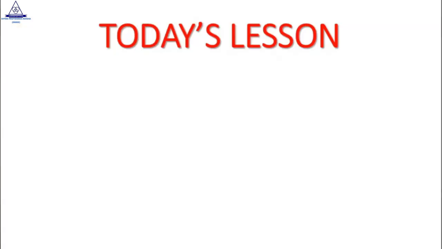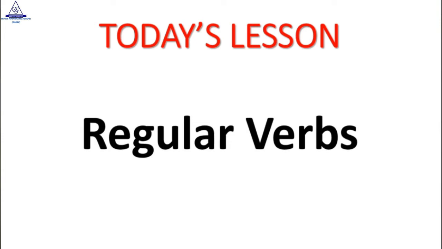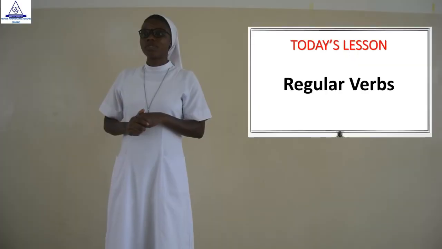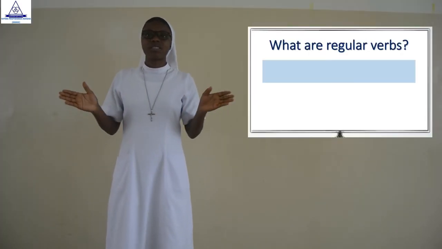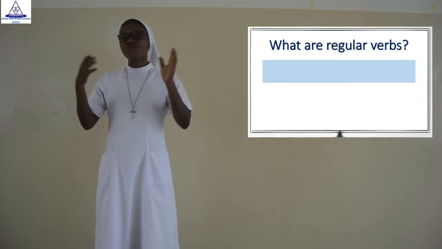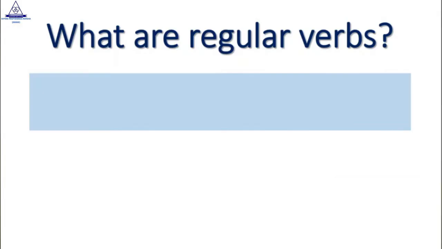We are going to look at regular verbs. Say it after me. Regular verbs. Good. Now when we say regular verbs, what are we talking about? Does any of you have an idea?